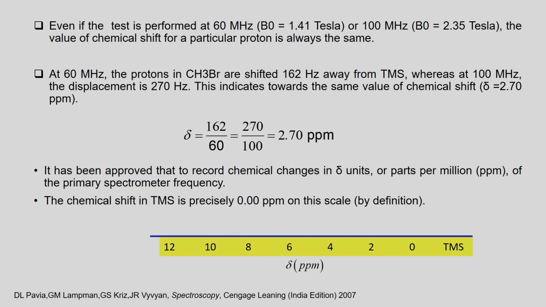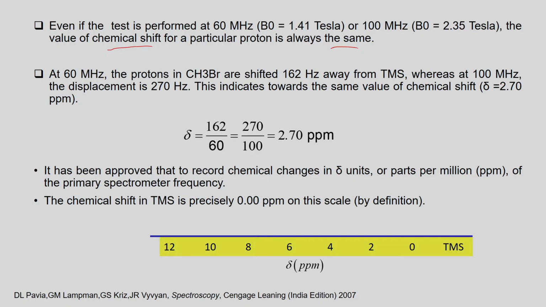Even if the test is performed at 60 megahertz or 100 megahertz, the value of this chemical shift is always the same, because now you are taking the ratio of the shift in hertz to the frequency in megahertz. So, at 60 megahertz you are getting a shift of 162 hertz, and at 100 megahertz you are getting a shift of 270.